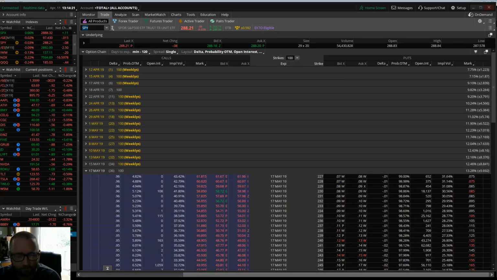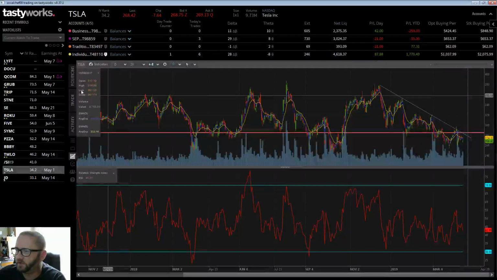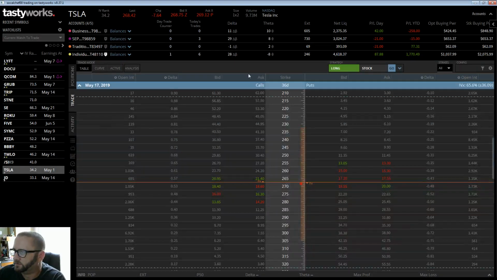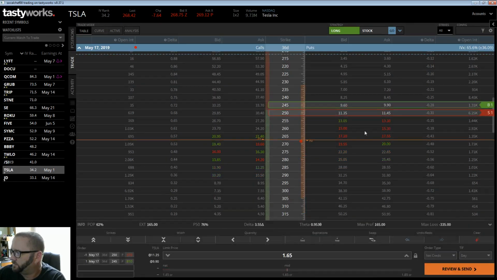Now, a spread can be anything from just two positions to 3 to 4.